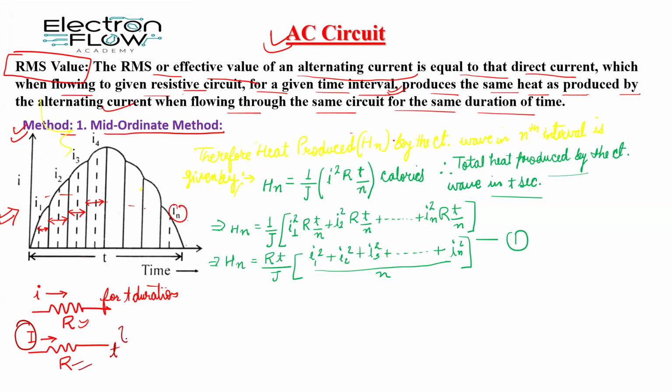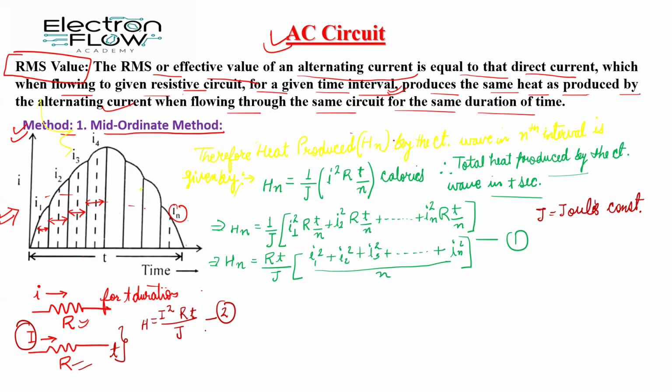Therefore, for this condition, the total heat produced by the DC current is given by H is equal to I square multiplied by R into T divided by J, where J is the Joule's constant. This is our equation number two.